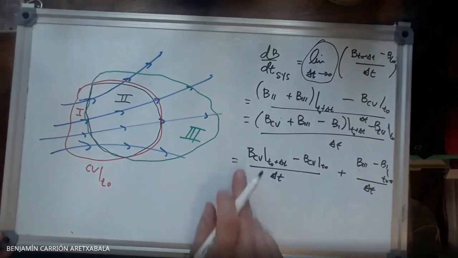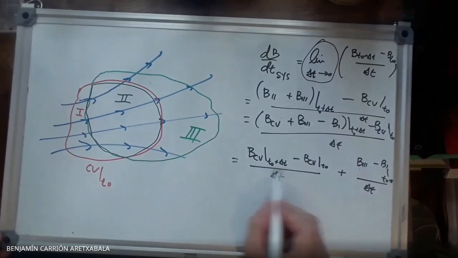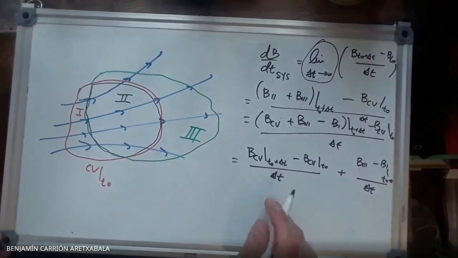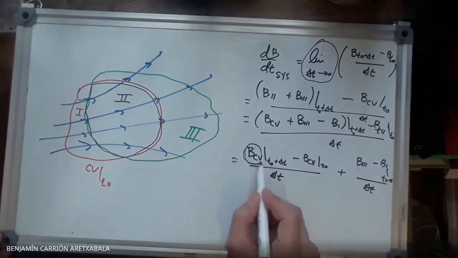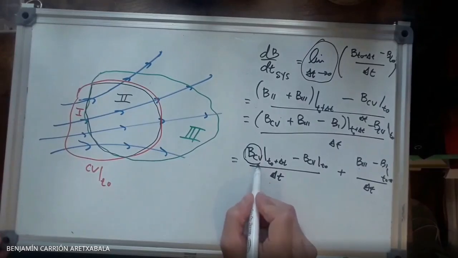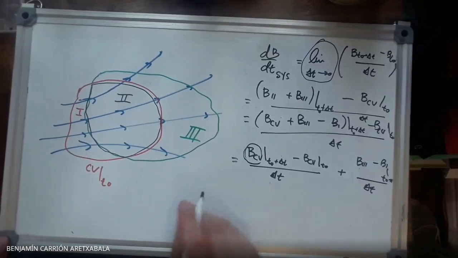Okay, so basically here you can see is the same quantity, but at different times, divided by delta t. So this is actually a derivative. And we know that the total quantity of B is an integral, so you can express this.